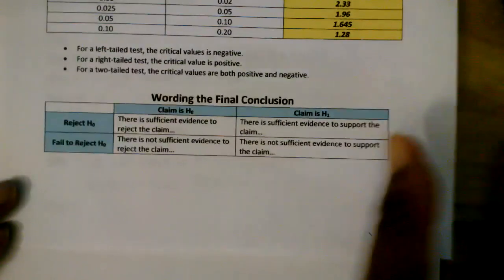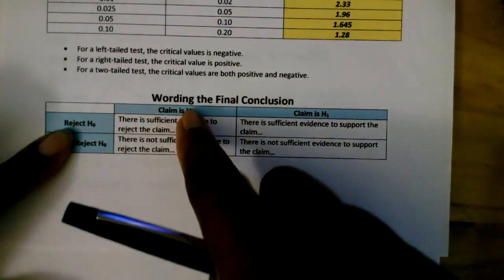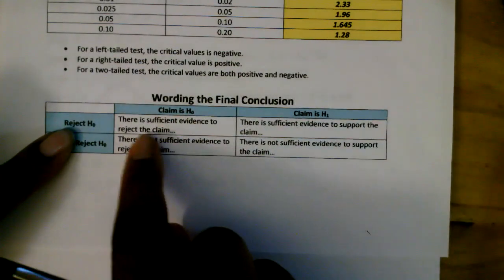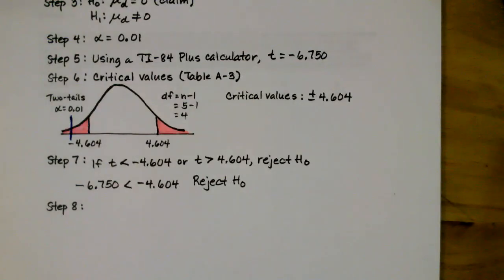I'm going to bring this back up. We're rejecting the null hypothesis. But the claim was the null hypothesis. So that means that there is sufficient evidence to reject the claim.